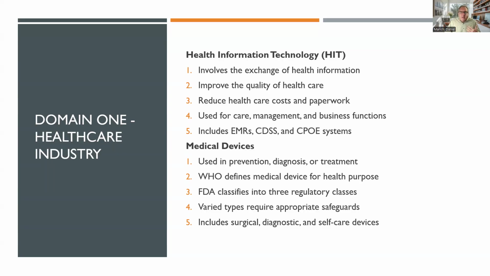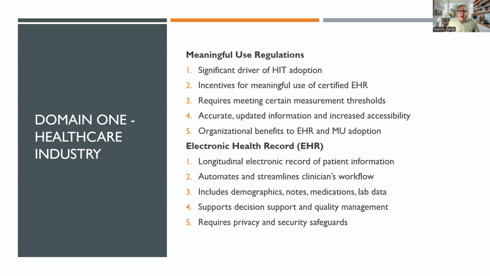This includes things like EMRs, health medical records. So this technology basically provided more value and made things more profitable and more efficient for the healthcare industry. Medical devices were also mentioned here. Be familiar with those. Meaningful use regulations.